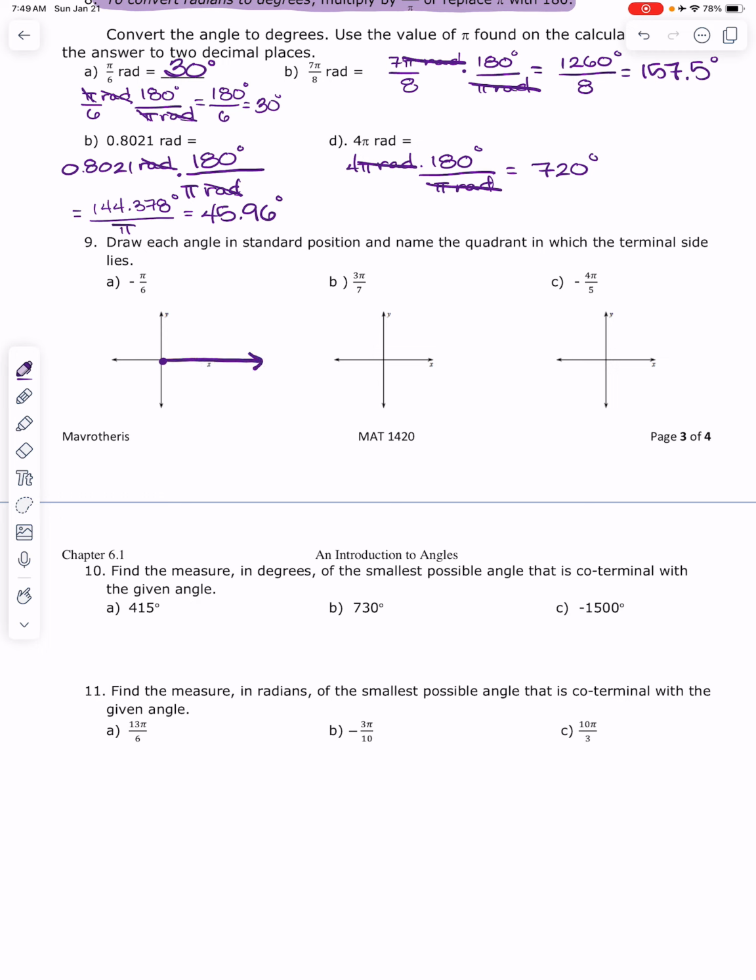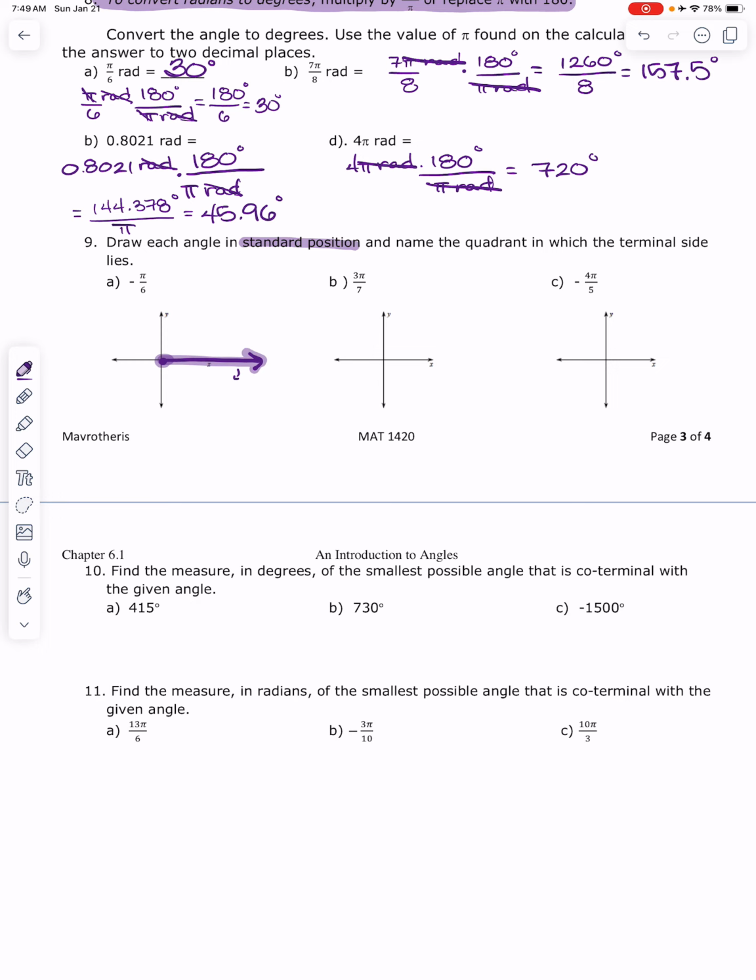So let's see how much information I can add in here to help this make sense. So here's my initial side. Standard position means that initial side has to line up with the positive x-axis. Right? So there's my first little piece here. We have a negative angle measure, so we know we are moving in the clockwise direction.